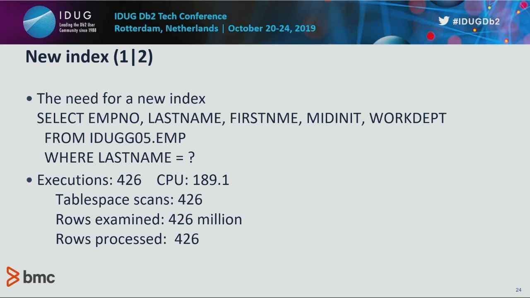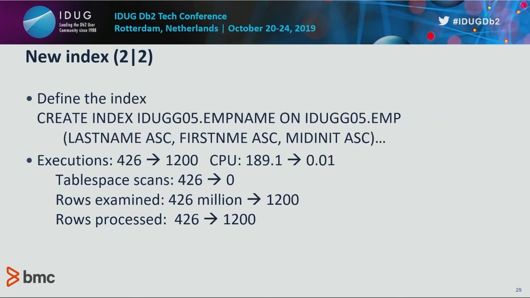In the before case, I ran this for a set period of time in a loop, just repeating it over and over and doing those snapshots. I got 426 executions in, used a little over 3 minutes of CPU, and similar to the previous example, you see a lot of scans happening, a lot of rows being examined to only get a few rows back in your result. So I'll go ahead and create the index on last name for the employee table.